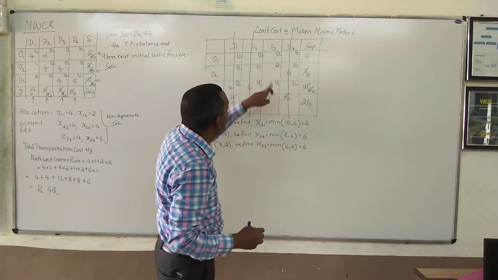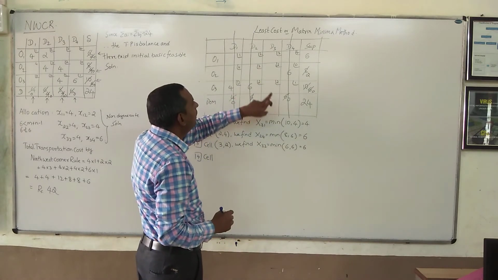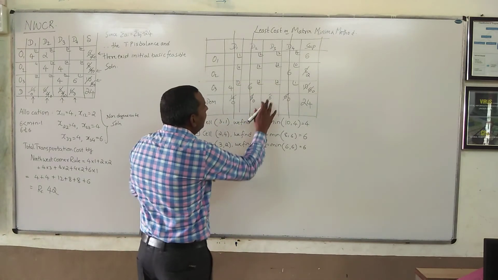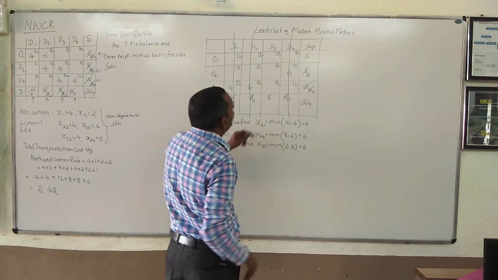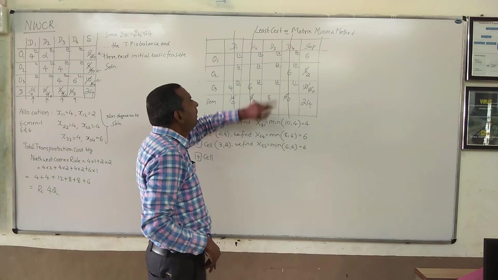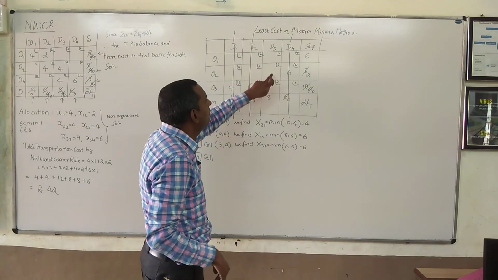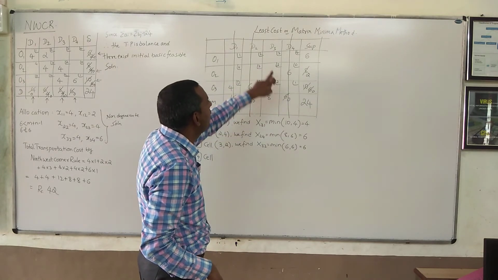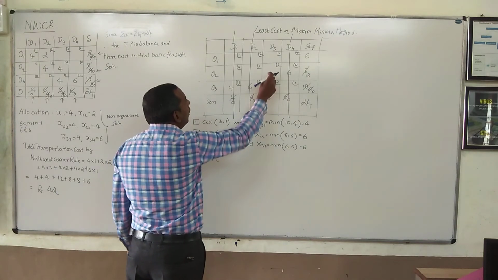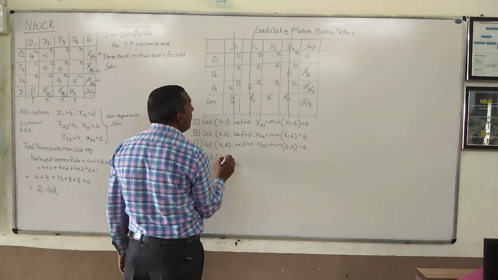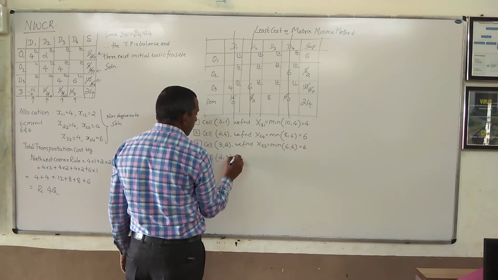So this is what remains. Let me do it here or here or here. Both of these are 2 here. So let me allocate in the cell 2 comma 3.